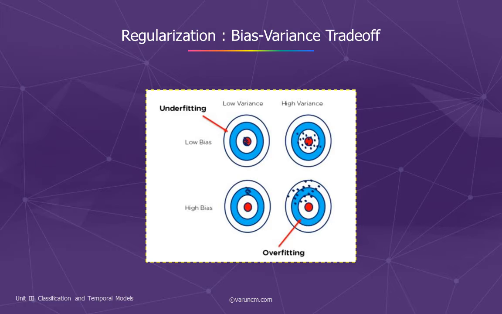So to have a good model, it should have high bias and low variance, otherwise it should have low bias and high variance. If you are able to have this, then the model will perform well, and this situation we call the bias variance trade-off.